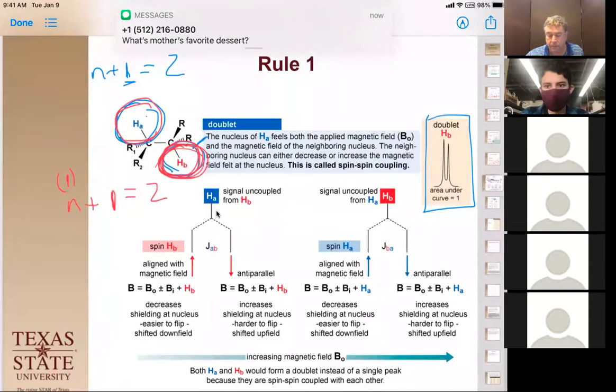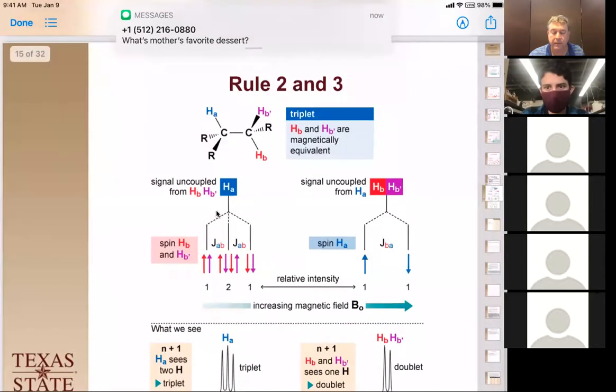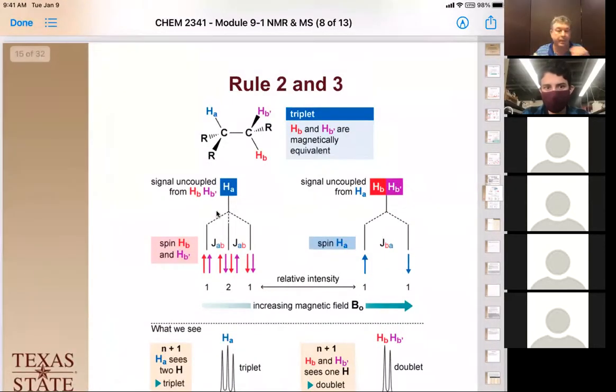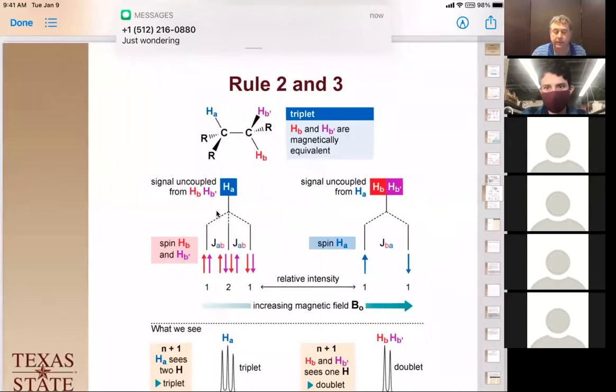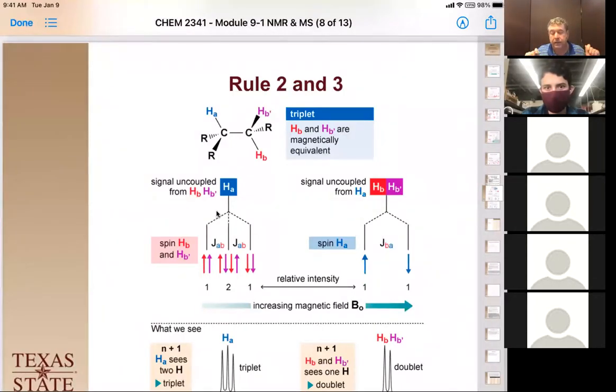Okay, so now let's talk about the next rules here, rules 2 and 3. Rule 2, of course, is N+1, and rule 3 is that hydrogens that are non-equivalent, even if they're hooked to the same carbon, can still split.